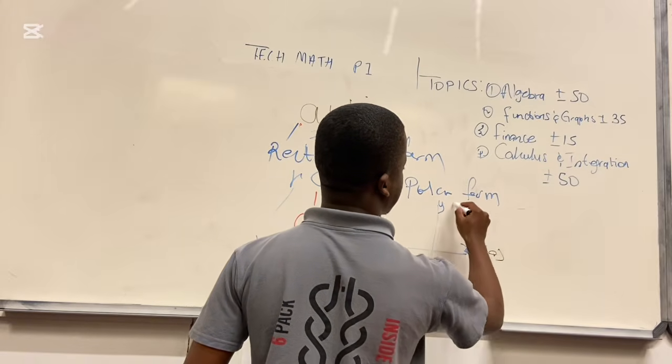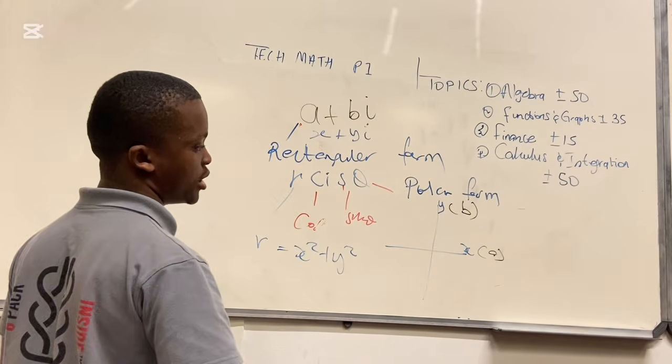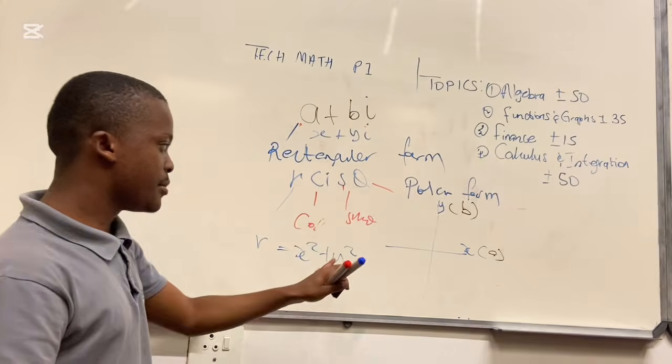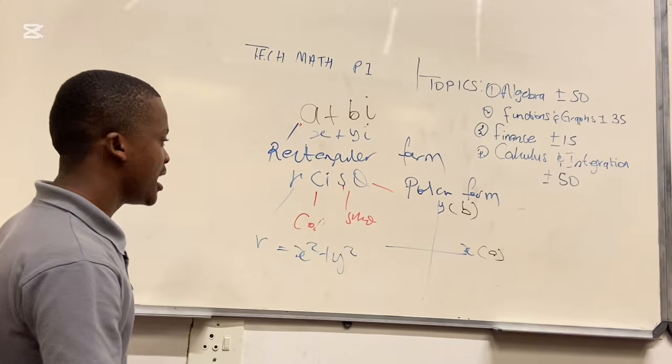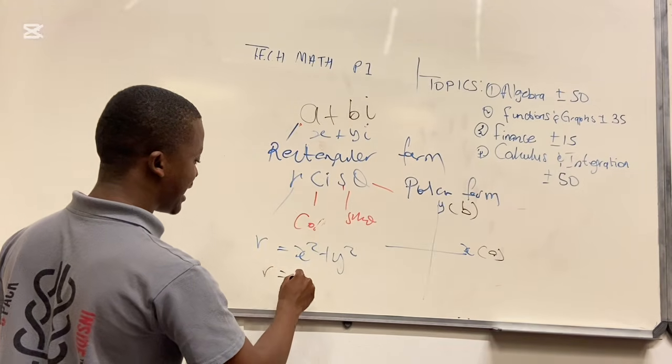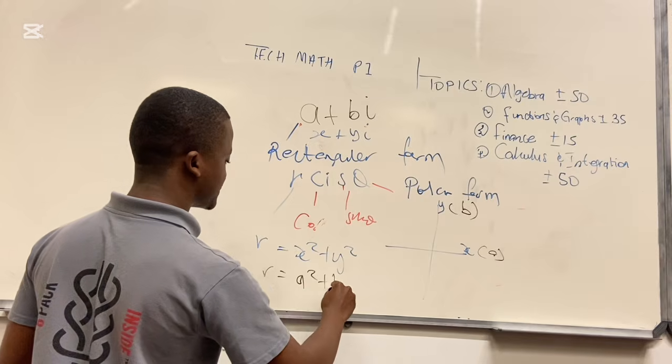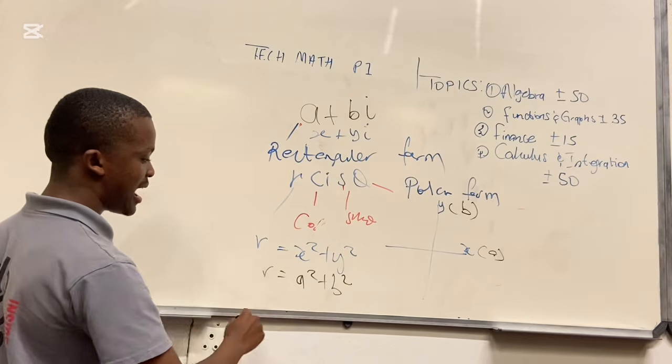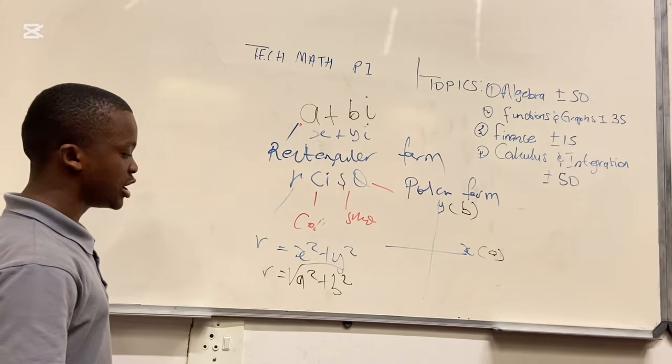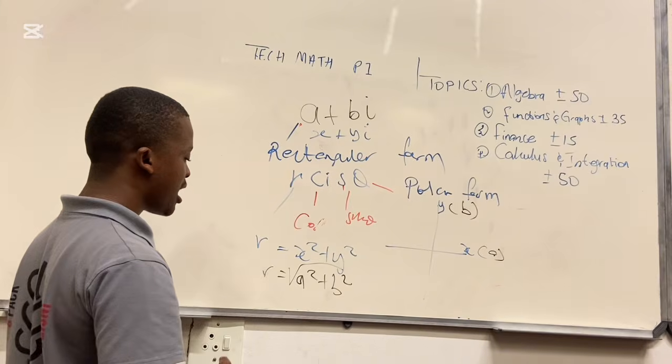This is a, this is b. So r is the square root of a squared plus b squared. That is how you get your r.